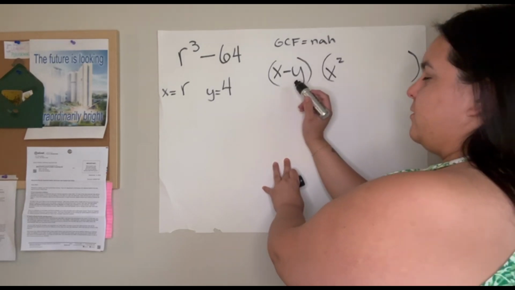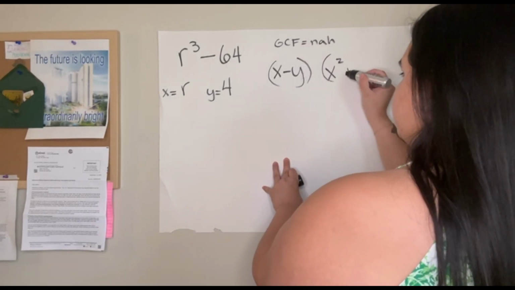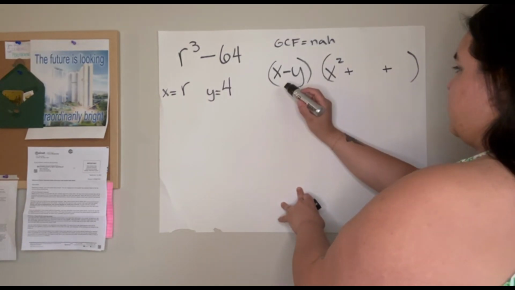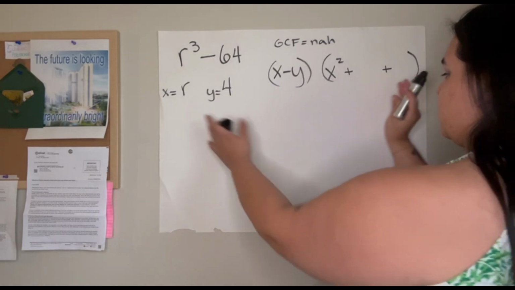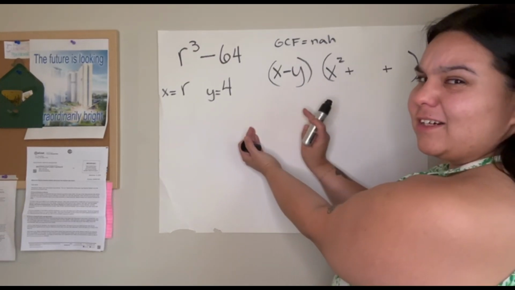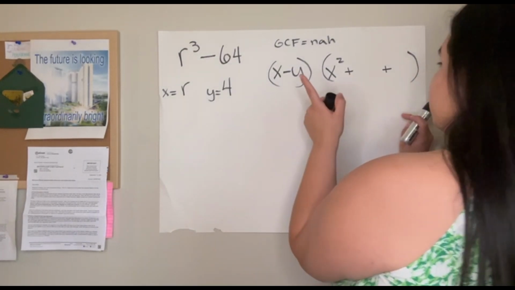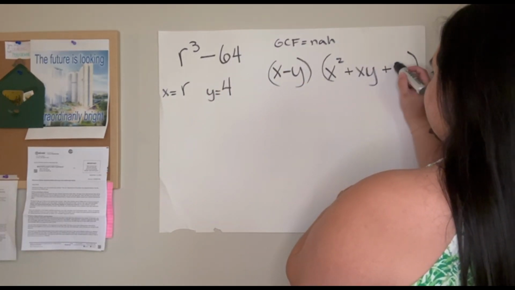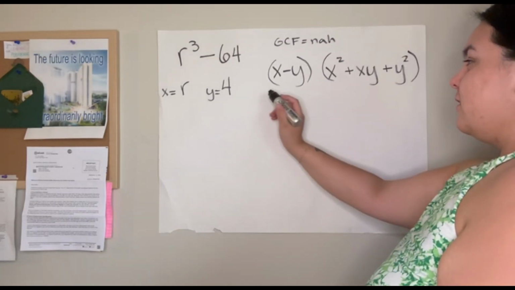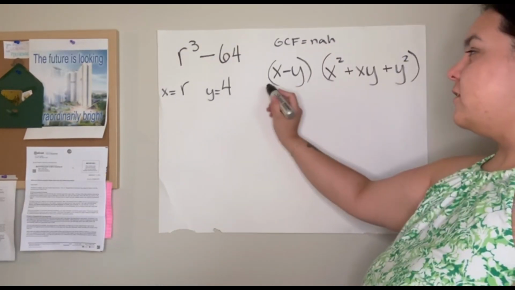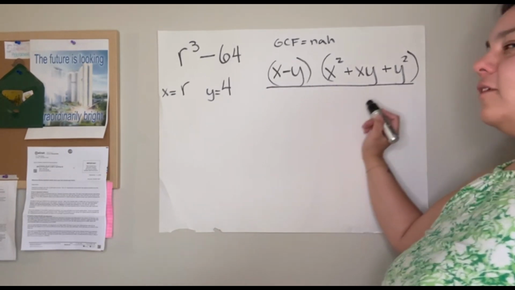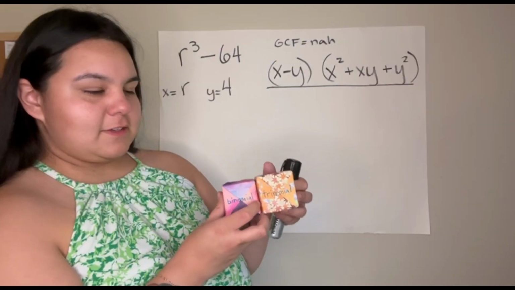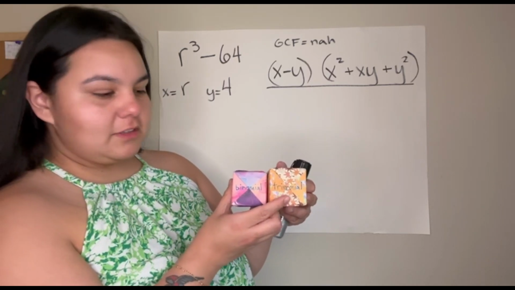When you're doing the difference of cubes, it's always going to be plus signs on either side, so that if you were to factor it all back together, it would still be negative. This is x times y and y squared. This is the formula for finding the difference of two cubes. It's a binomial and a trinomial.